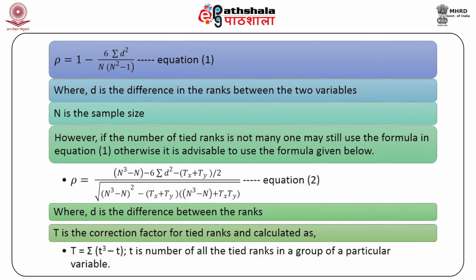This formula needs correction when the ranks are tied, that is, two or more individuals have the same score on the same variables. As we shall take up such an example in the coming section, it will be more clear to the readers. However, if the number of tied ranks is not many, one may still use the formula in equation 1.